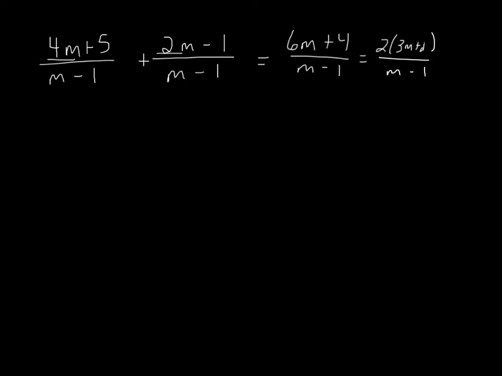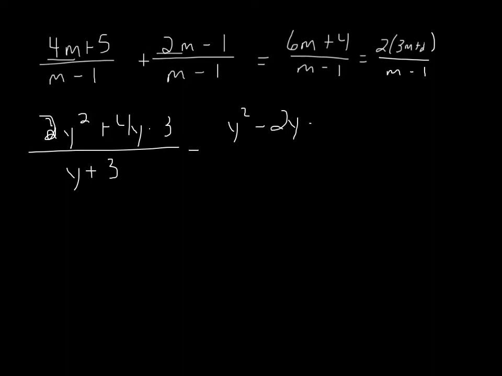Alright, and the next one. This one's going to be a little work. We have 2y squared plus 4y minus 3 over y plus 3 minus y squared minus 2y minus 12 over y plus 3.